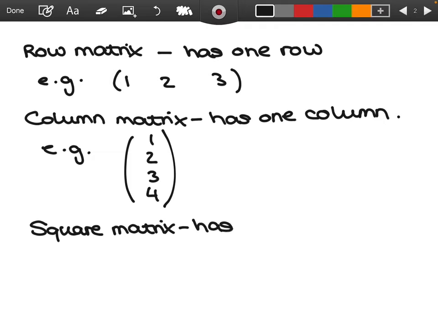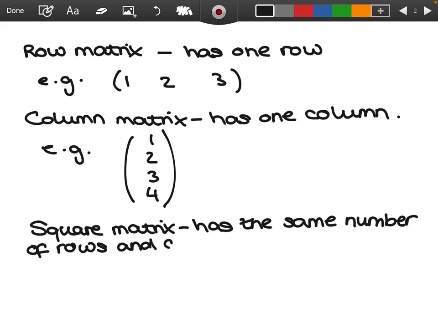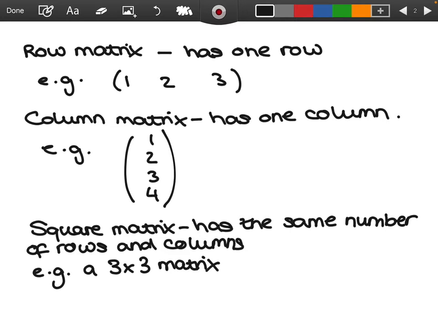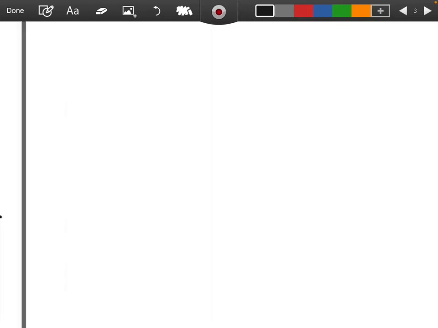So a square matrix has the same number of rows and columns. An example of that would be a 3 by 3 matrix. It has 3 rows and 3 columns, the same amount of rows as columns, and it could look something like this. That would be a square matrix.